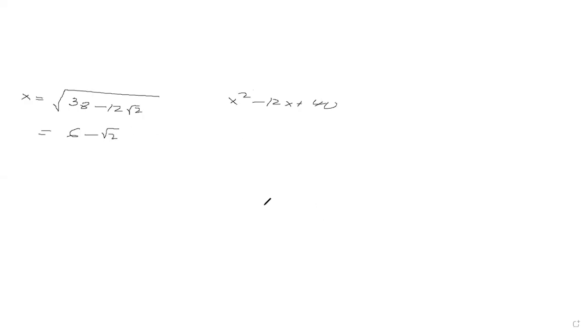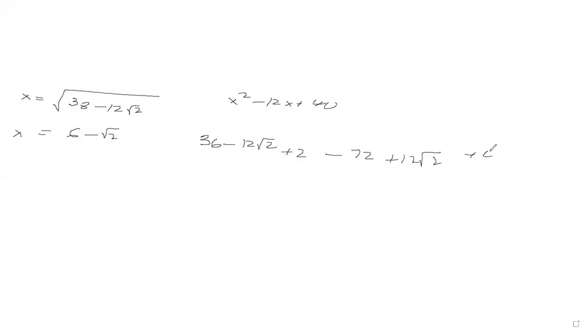So now we can do this. So what is x squared? It's 36. The middle term is minus 12 root 2. Square that, it's plus 2. That's x squared. Minus 12 times x. So it's minus 12 times this. Minus 12 times 6. And minus 12 times negative root 2 is plus 12 root 2.